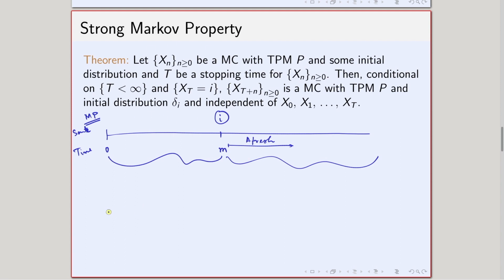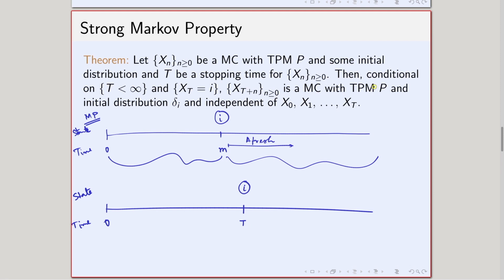So what it tells us is, if I have some time horizon and T is a stopping time, and if I know that the state at the time point T is i, then that information is given in this theorem.